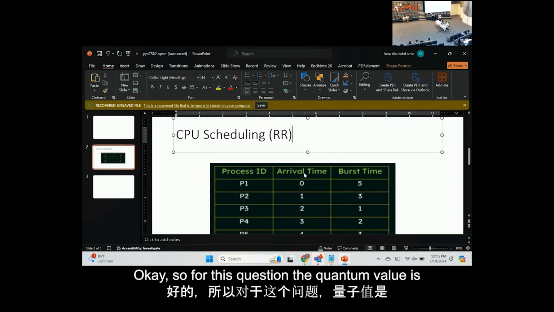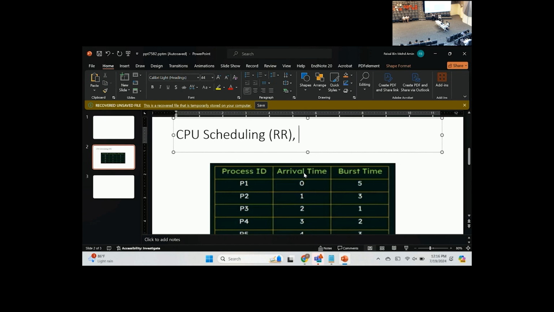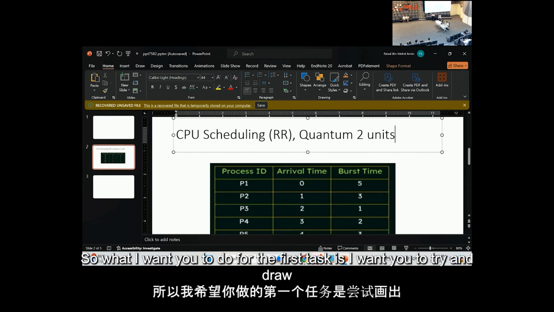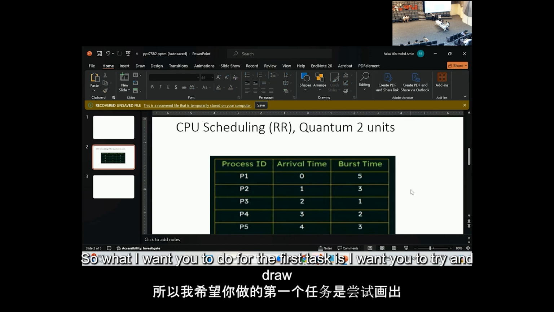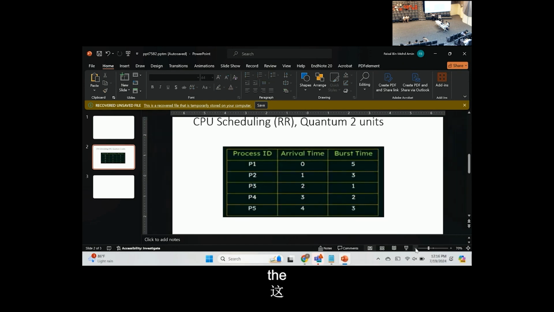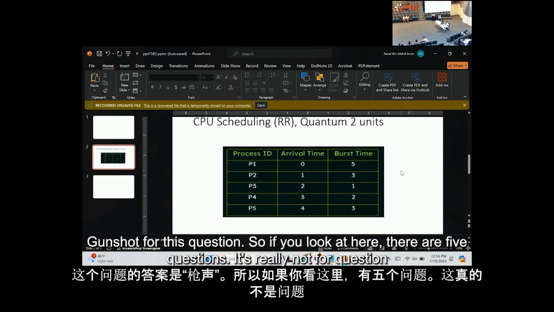For this question, the quantum value is 2 units. For the first task, I want you to try and draw the Gantt chart for this question.